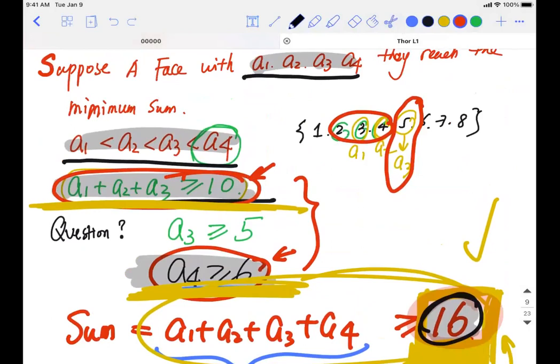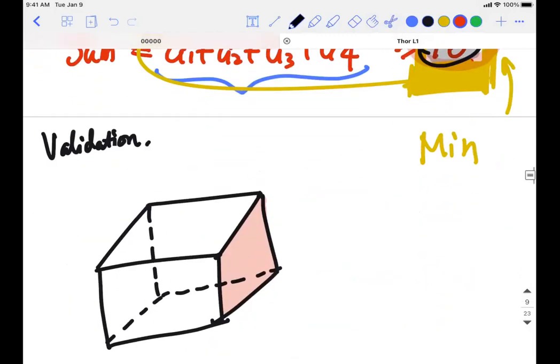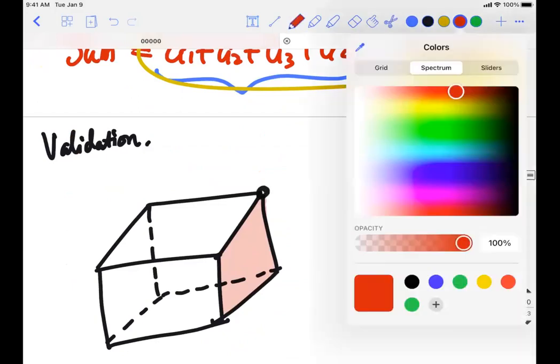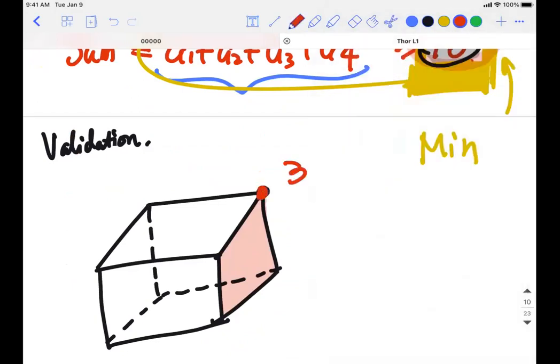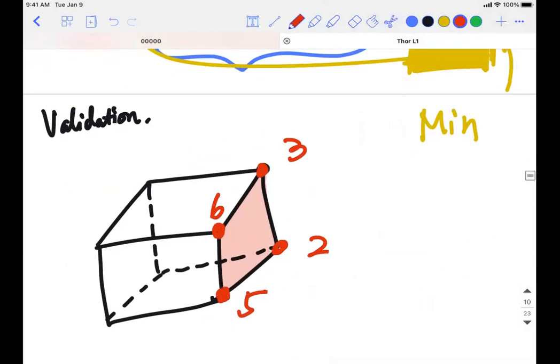A3 is greater or equal to 5, let me choose 5. A4 is greater or equal to 6, let me choose 6. And for the other two, let's say I choose 2 and 3, because 2 and 3 plus 5 equals 10. That's the minimum. So this is 3, this is 2, this is 5, this is 6. These are the minimum requirements, right? I want A1 plus A2 plus A3 to equal 10, and adding them all together equals 16.